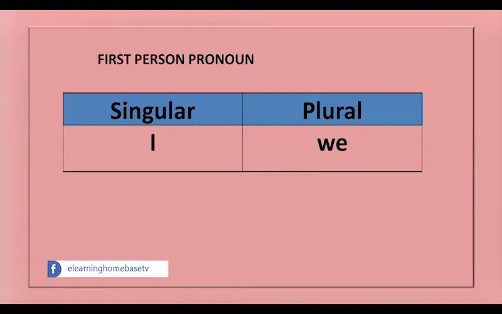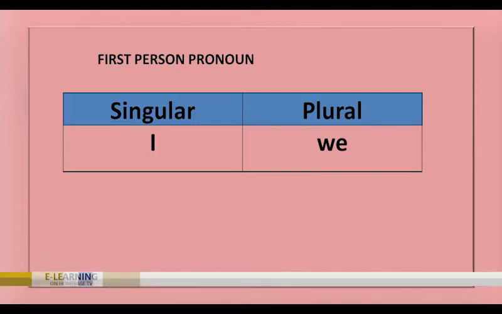And when you see we, it is a plural first person pronoun. So in our sentence formation, when we are identifying pronouns, we can say that I is a first person singular pronoun. Then we, it's also a first person plural pronoun.